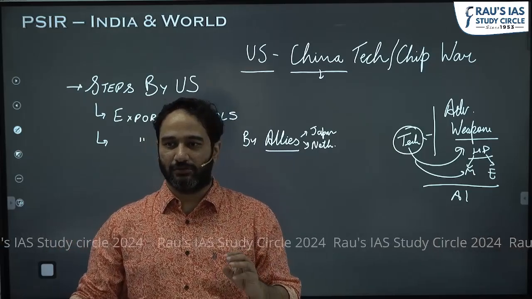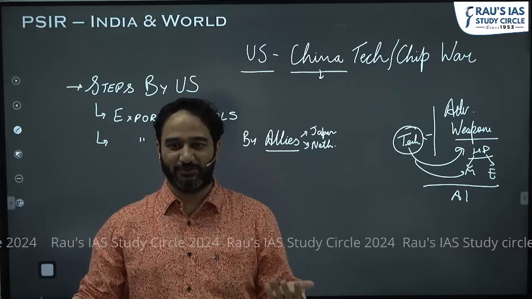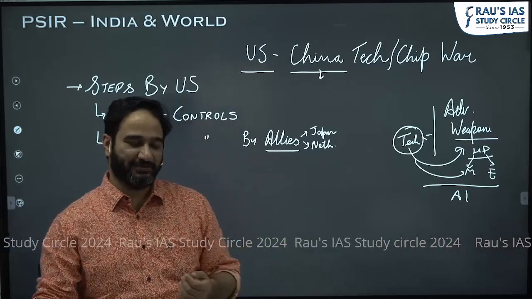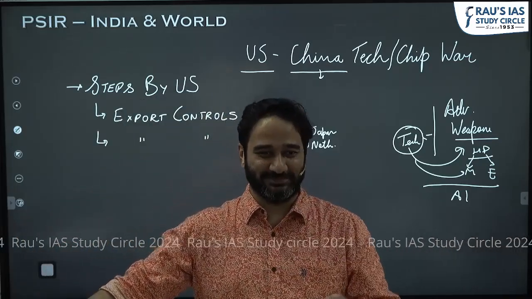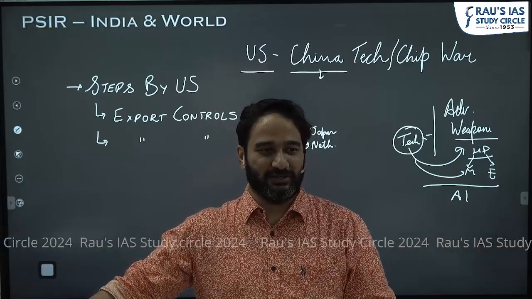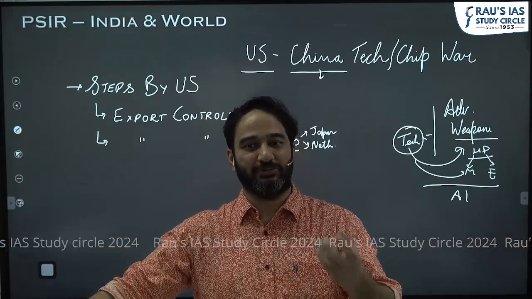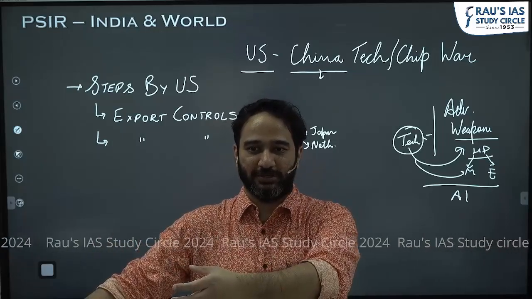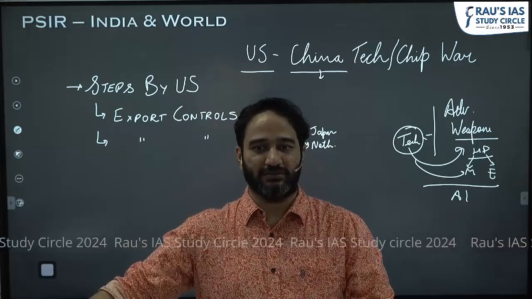All of you know what a lathe machine is? Engineers would. It is used to manufacture certain tools, basic tools. In the same way, lithography and all of these are equipment that are used to manufacture semiconductors. So you may have the know-how, but you may not have the equipment to actually manufacture it in the first place.